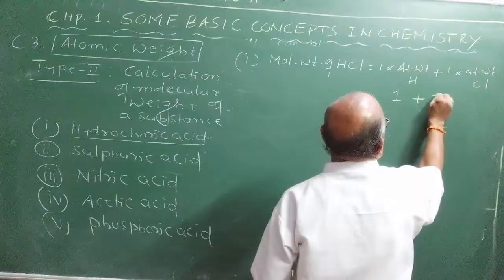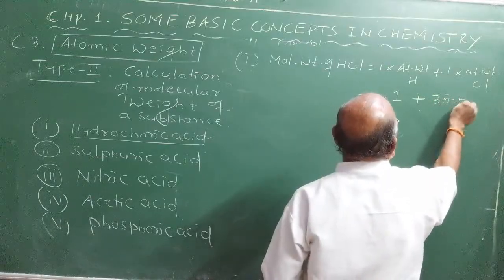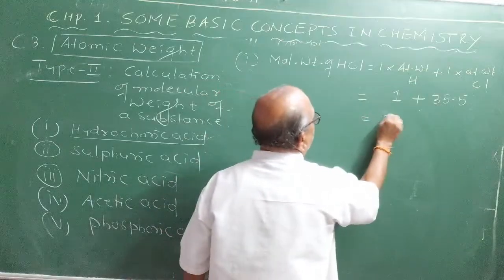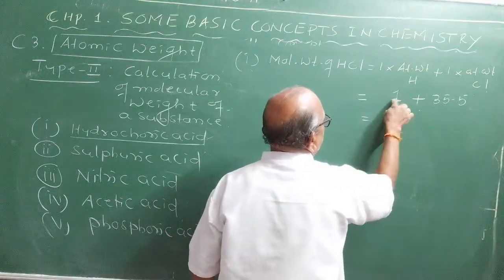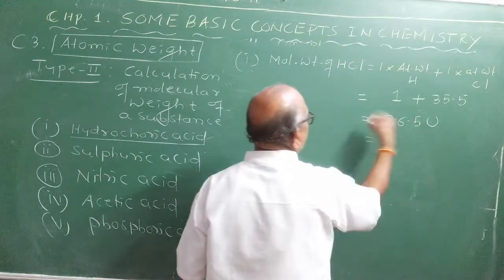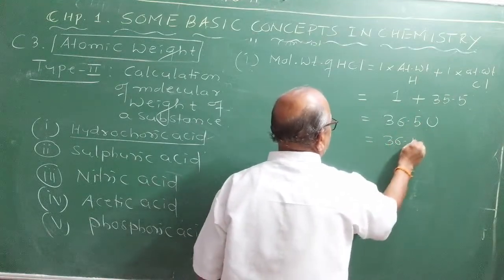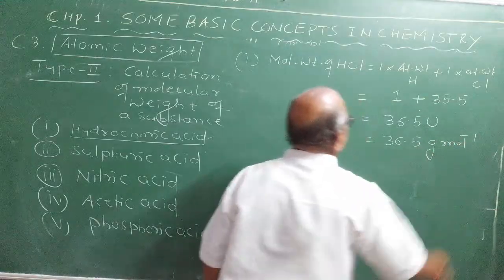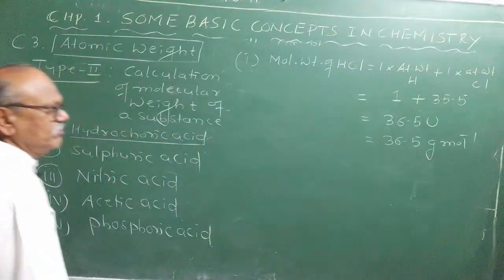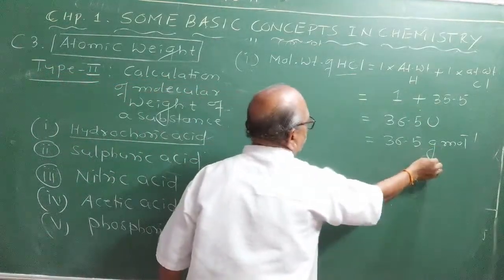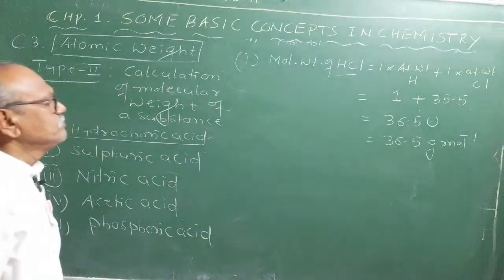That of chlorine is taken as 35.5. Therefore you can write it as 35.5 plus 1 is 36.5 U, or if expressed in gram, 36.5 gram per mole. That is called molar mass. It means 1 mole of hydrochloric acid has this many grams.